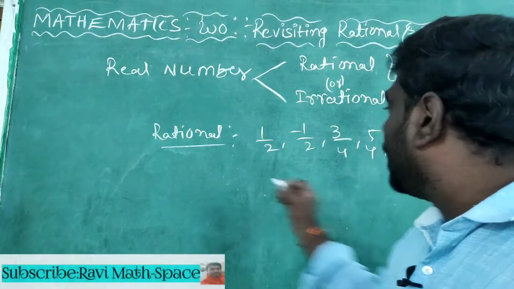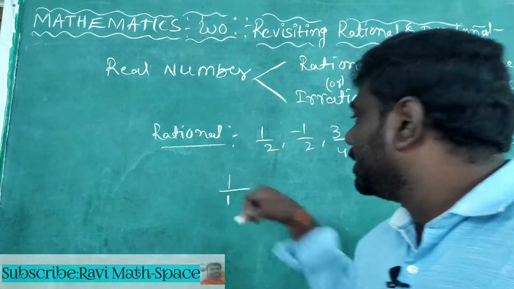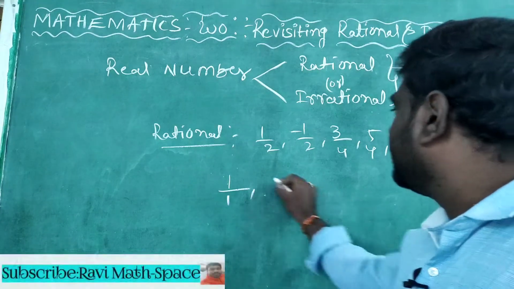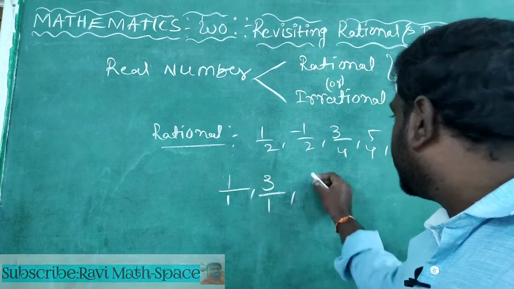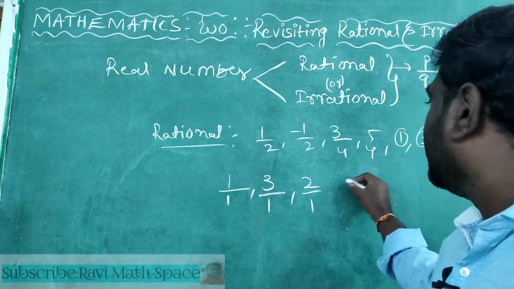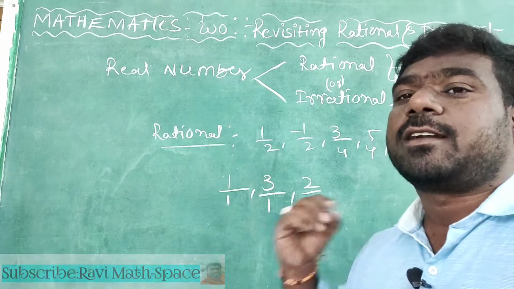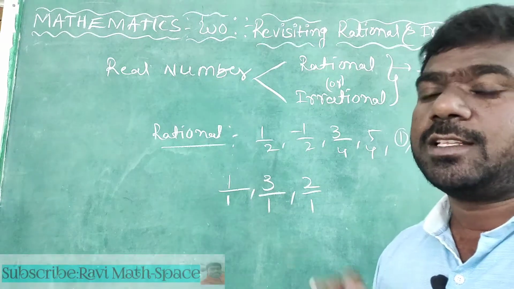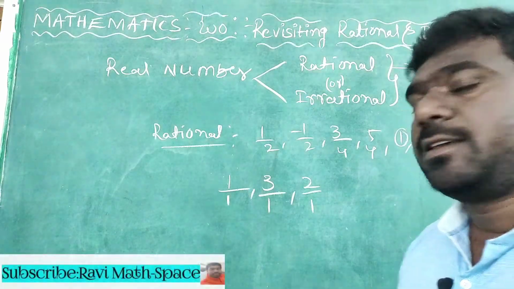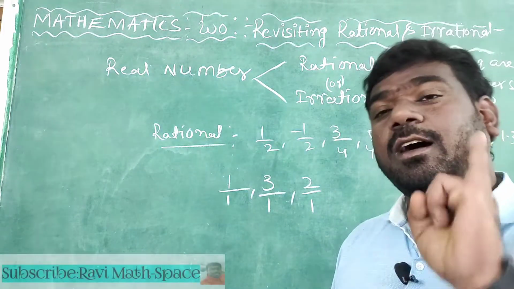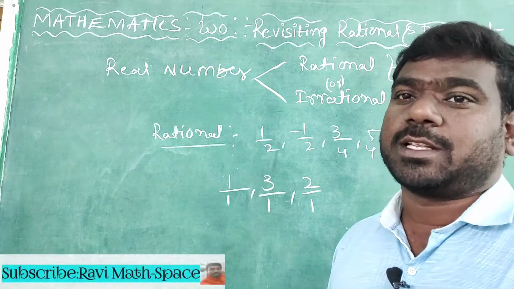How? See, 1 I can write as 1 by 1, by placing denominator 1. By placing denominator 1, I can represent it in rational number form. That is the logic here. Natural numbers are rational numbers.